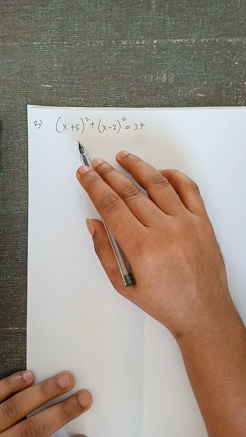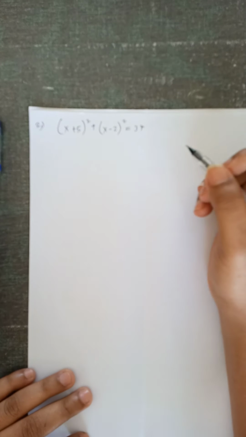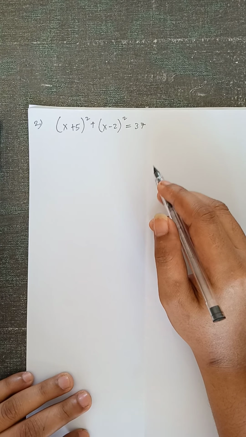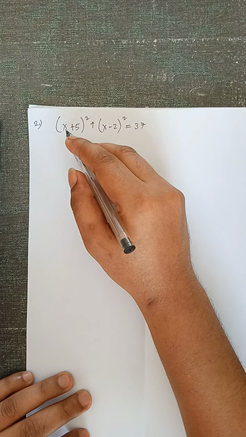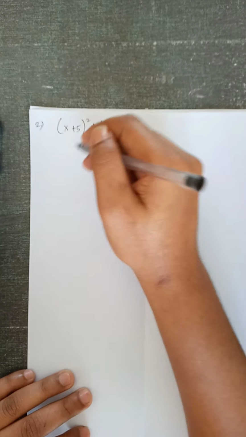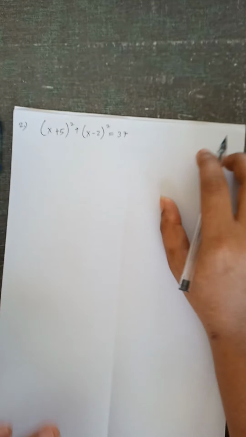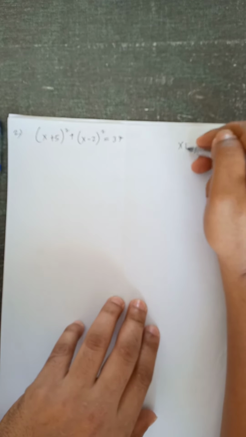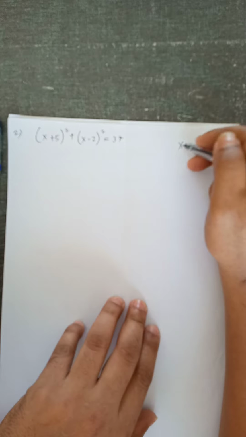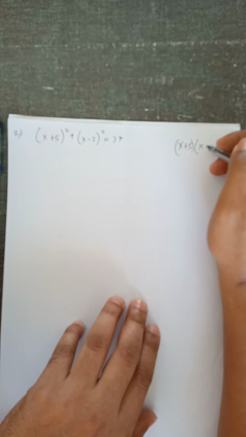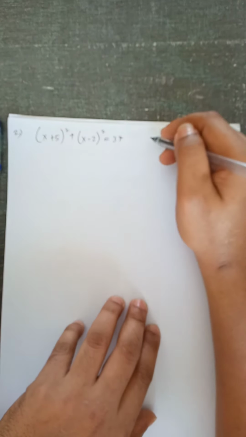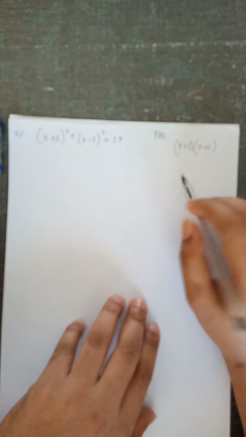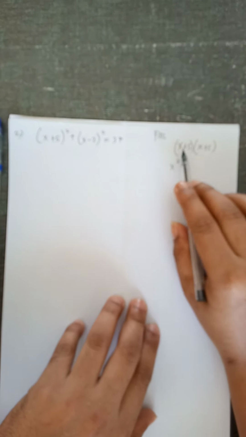So x plus 5 is squared. We're going to use the FOIL method. The first thing is to multiply the first terms. It can be written as x plus 5 times x plus 5. And by using the FOIL method, we multiply the first terms, so we have x squared, x times x.